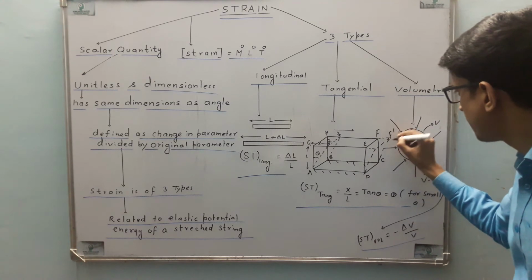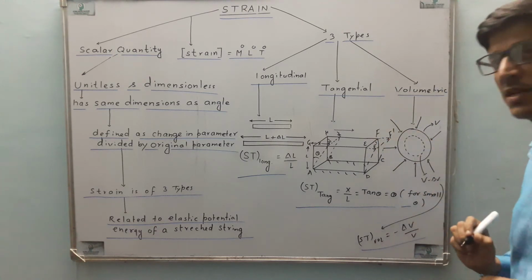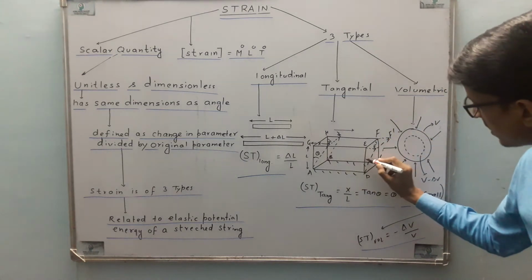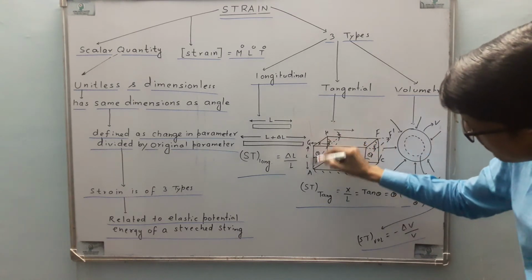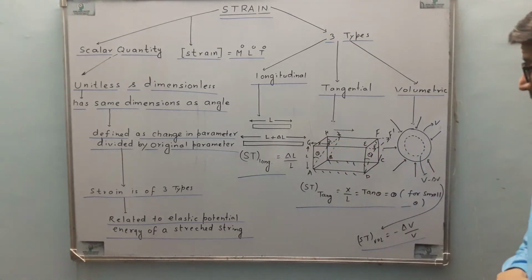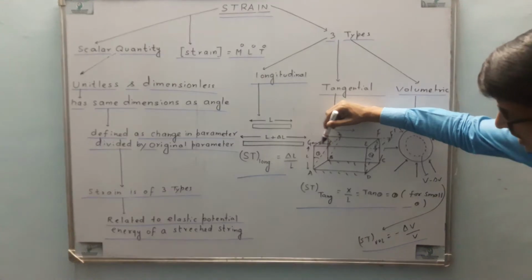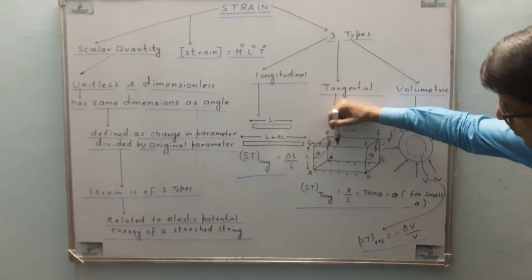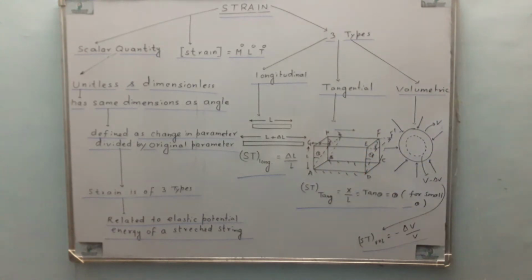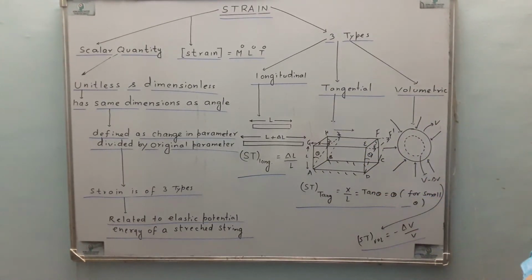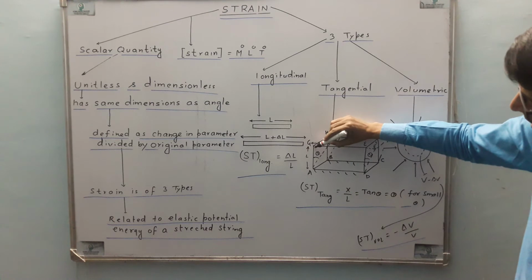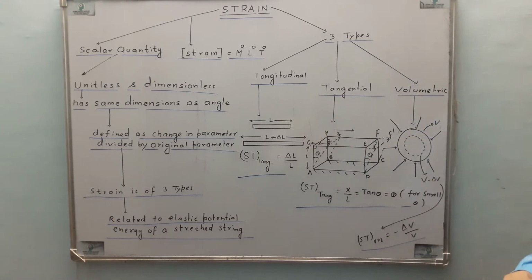This is F dash and this is E dash. Suppose this angle is theta, and this perpendicular length is L. So the tangential strain is defined as the change in length in the direction of the tangential force divided by the perpendicular length, x divided by L. From the triangle you can see that it is equal to tan theta, and for a very small angle we know that tan theta is equal to theta.